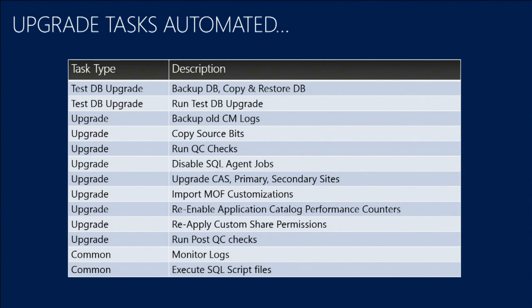All right. The other steps we do are we add the performance counters for our application catalog. Performance counters are pretty important for us because we are running this dog food build to test. So we want those reports coming out of the performance counters. And then we run post-QC checks, like after the upgrade, is replication broken or is it still intact.